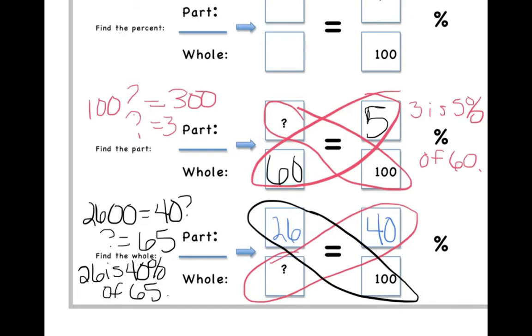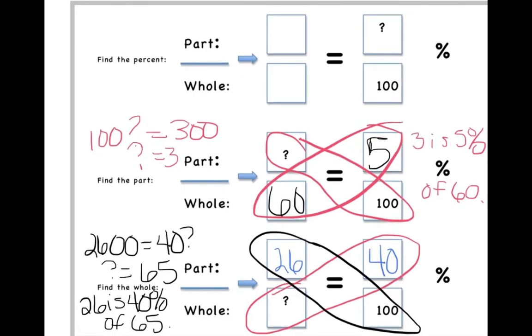Okay, so this time, let's go with $12.75 is what percent of 50? Of 50, that's our clue. $50 is our whole. $12.75 is our part, and the thing that we don't know is our percent. So let's solve it with our cross products being equal.